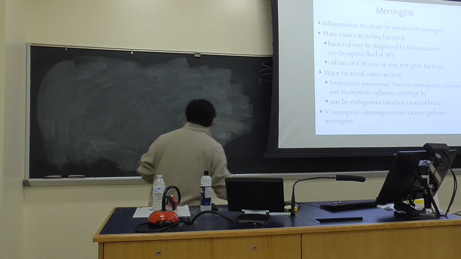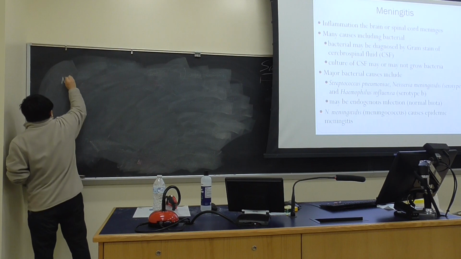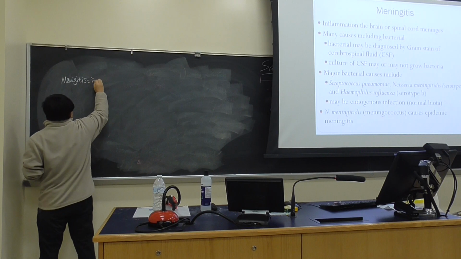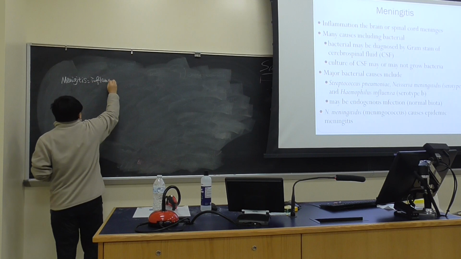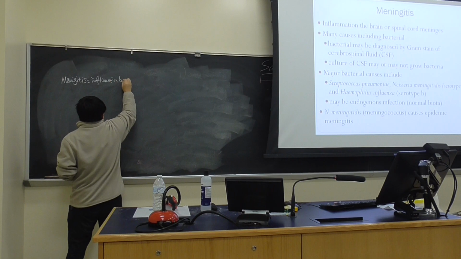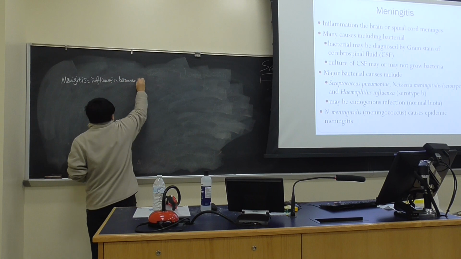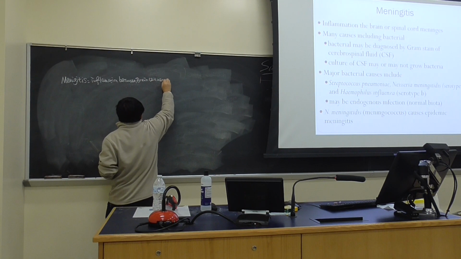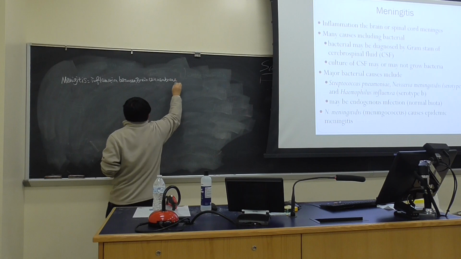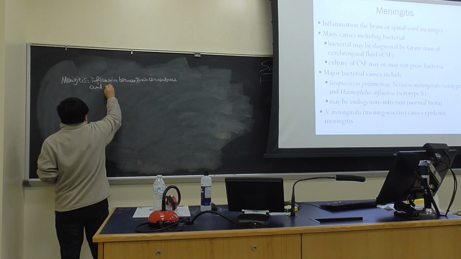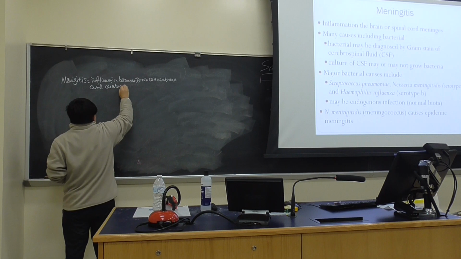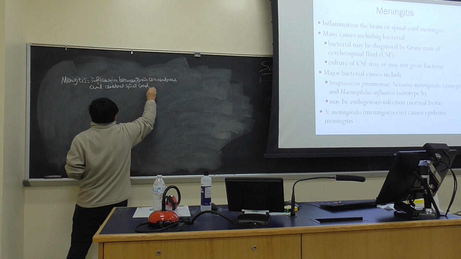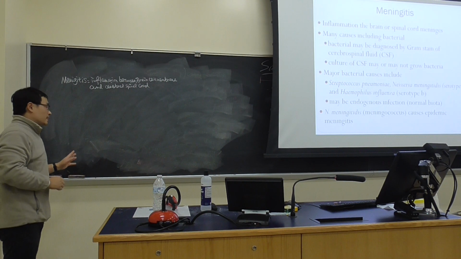So we say it very simply: meningitis is an inflammation between the brain membrane and the cerebral spinal cord. An inflammation will happen.